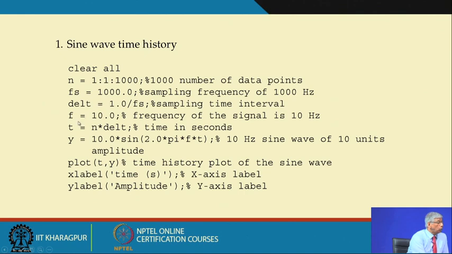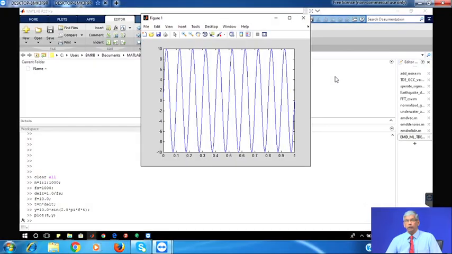So, my total time, when delta t is 1 by 1000 and n is 1000, the maximum value is 1 second. And my sine wave is of 10 hertz frequency, so the time period is 0.1. So, within a time of 1 second I would see 10 complete waveforms of the sine wave, and that is what I see in this plot here.